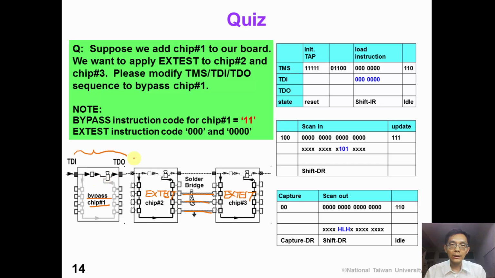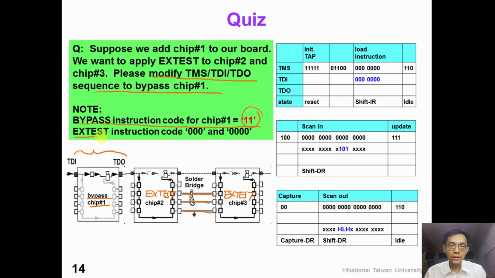Please update the TMS, TDI, TDO sequence to implement the test. Please note that the bypass instruction code for chip number 1 is 11, which is only 2 bits.